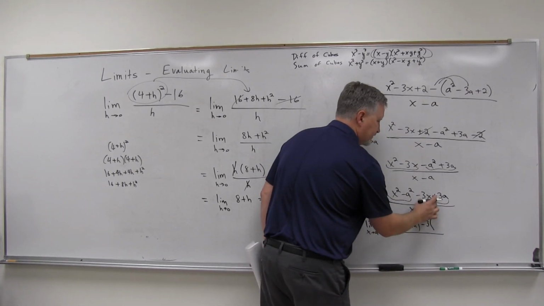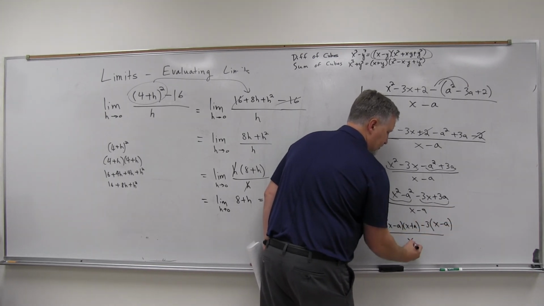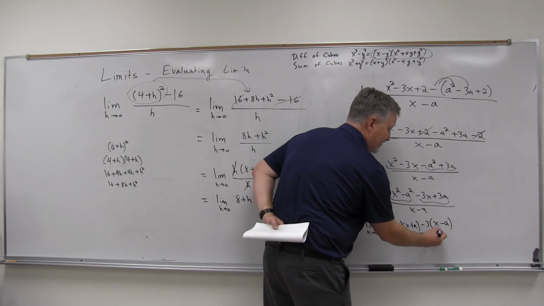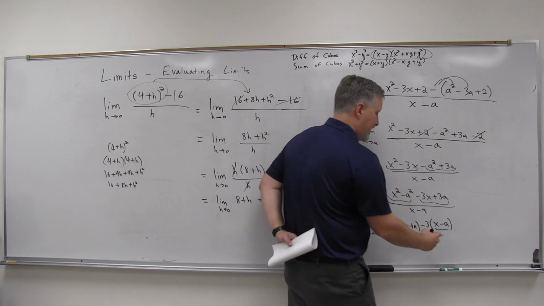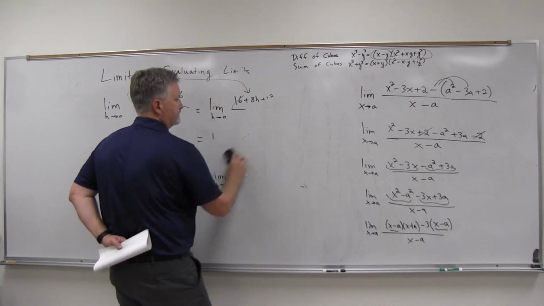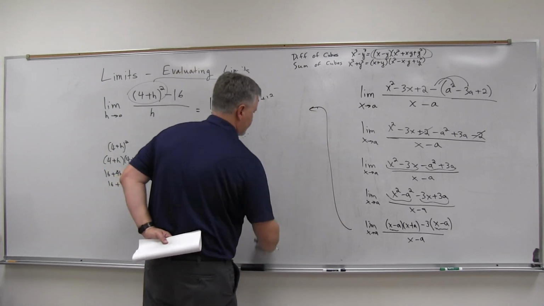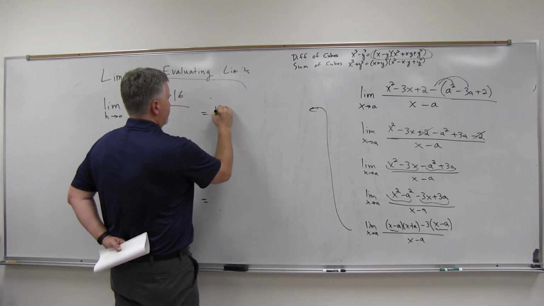So let's pull off a negative 3, it'll make it x minus a. The reason I need a negative 3 is because now this does match that. So I can pull that off. Okay, so I pull that out.